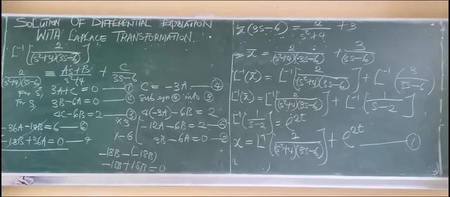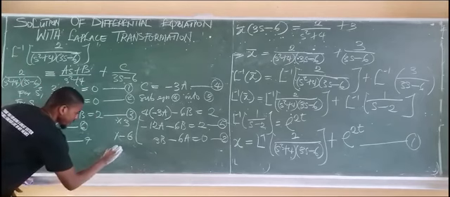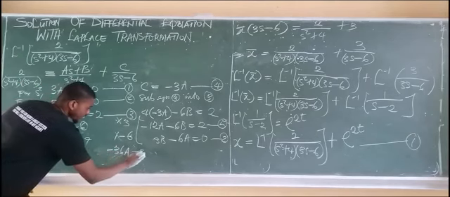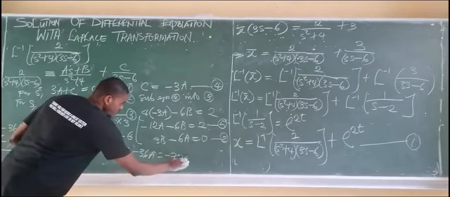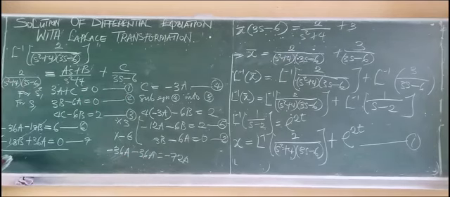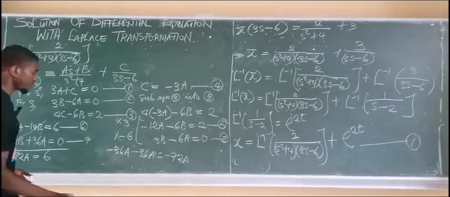Now I have minus 36a minus 36a, which will actually give us minus 72a. So we have minus 72a equal to 6 minus 0, which remains 6. We can now solve for a using that relationship.